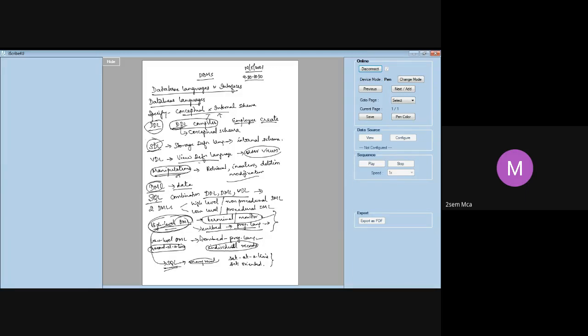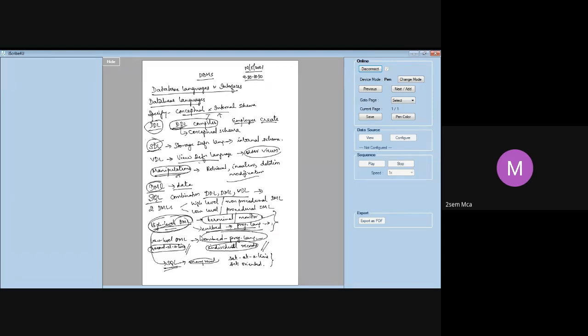Whereas with your low-level or procedural DML, you can only process one record at a time. That's why you call it record at a time. And low-level DML should always be embedded in a programming language. Whereas with high-level DML, you can enter the DML statements either through the terminal or you can even embed it in a programming language. Either way you can.